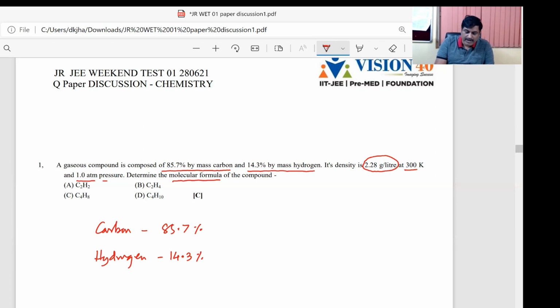Okay, fine. So 85.7% means what? How many number of moles?